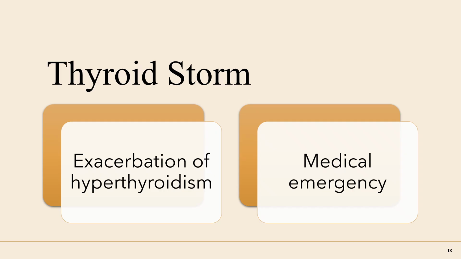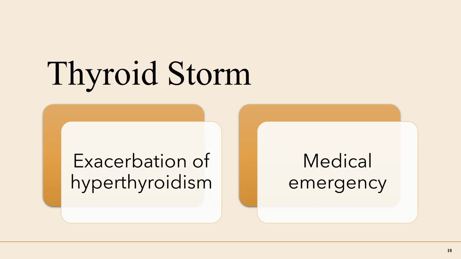Thyroid storm is a sudden surge of large amounts of thyroid hormones, and this causes a great increase in metabolism. This is a medical emergency with high mortality rates.